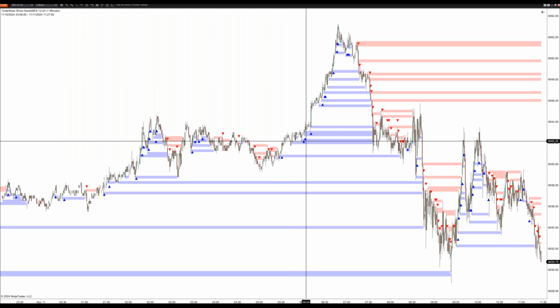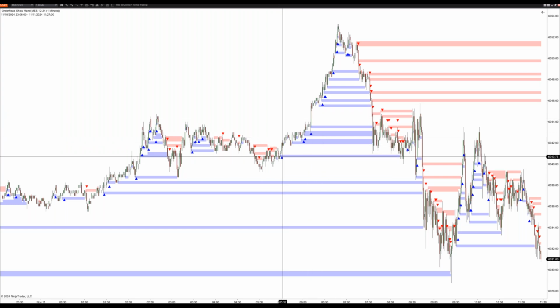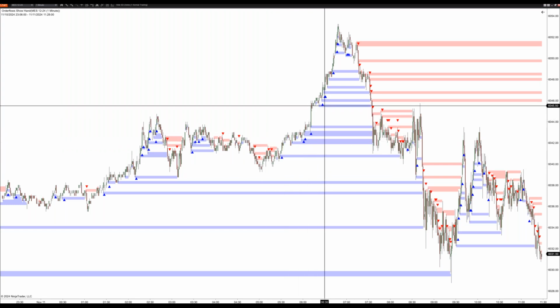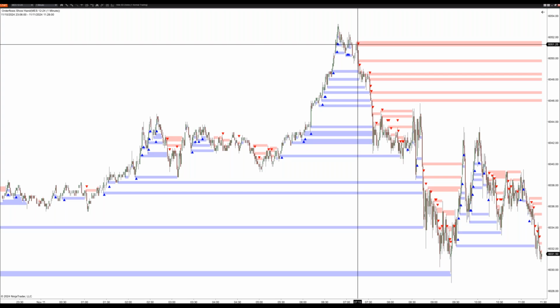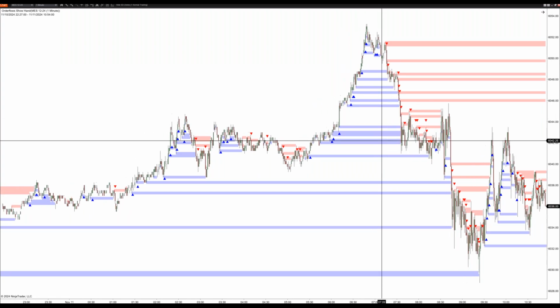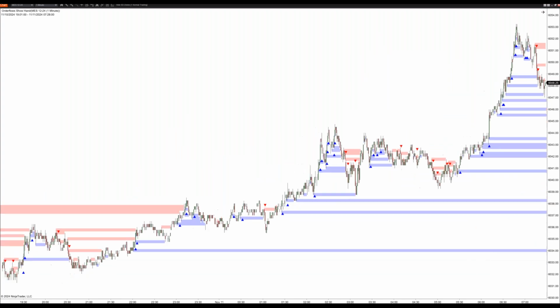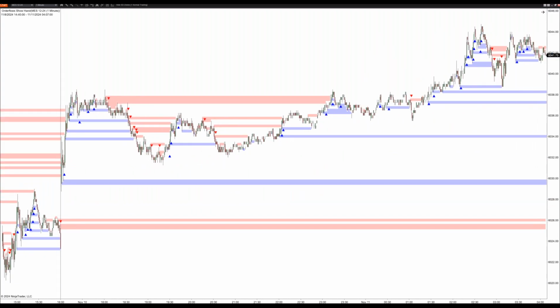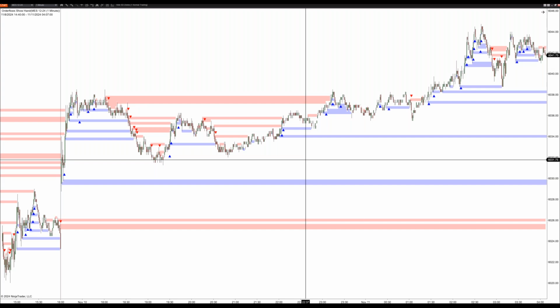If you're getting a lot of signals, you could get long, add on, add on, add on, finally get your reversal signal up here, get short, get short, get short. Again, it's not for everybody, but if you're trading something like the overnight session, with slightly lesser volume, you may consider it.